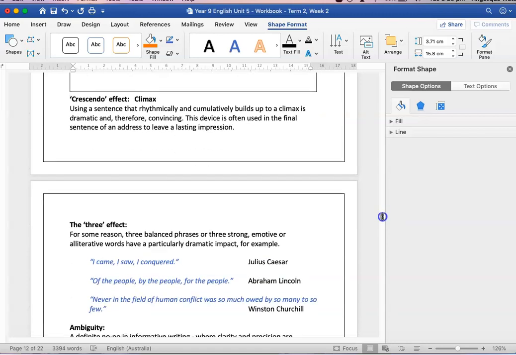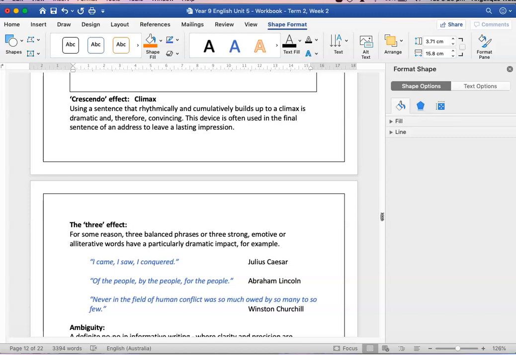Okay, the next element is the crescendo effect or the climax of the speech. It's using a sentence that rhythmically and cumulatively builds up to a climax, is dramatic and therefore convincing. This device is often used in the final sentence of an address to leave a lasting impression.